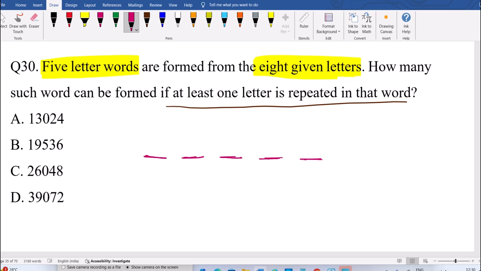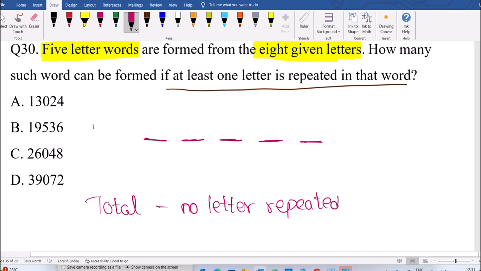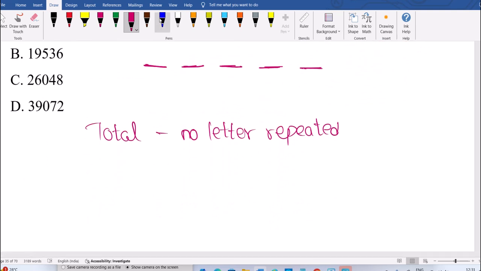Here also, total minus no letter repeated, you can try. They said at least one letter is repeated. You can go total words that can be formed minus no letter repeated. Total minus no letter repeated will give the answer. Sir, how can I calculate total? How can I calculate no letter repeated? Total: 5 slots are there.